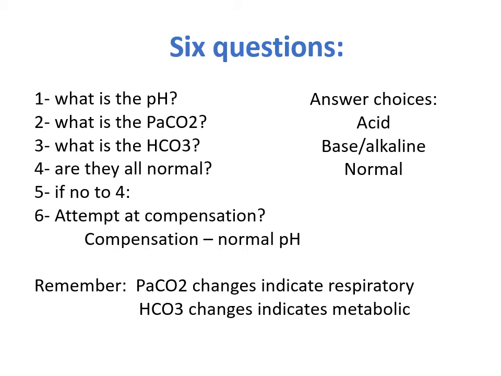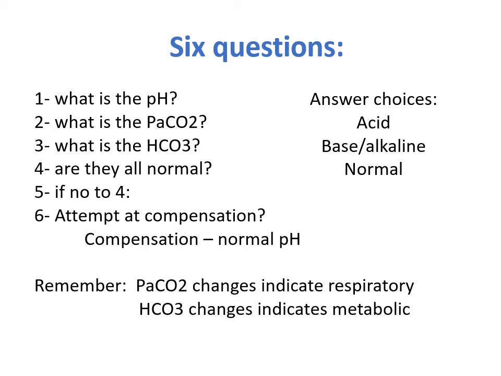If you have a low CO2 and a high pH, it's going to be a respiratory alkalosis. So the CO2 can help lead you to whether it's a respiratory condition because it'll be elevated since you're unable to clear it, or if it's very, very low, it means you're blowing it off too fast, and if you see an alkalosis, then it'll be a respiratory alkalosis.